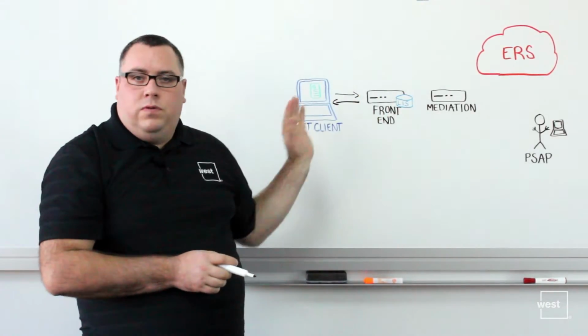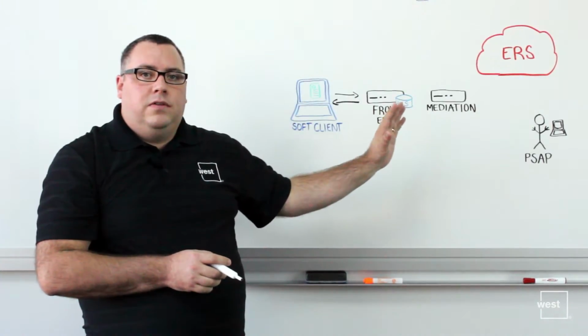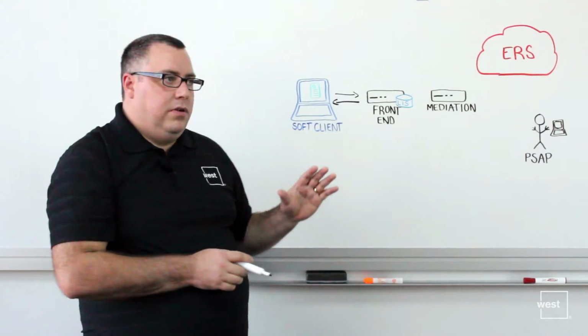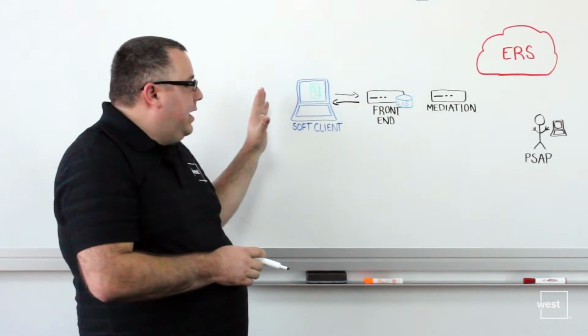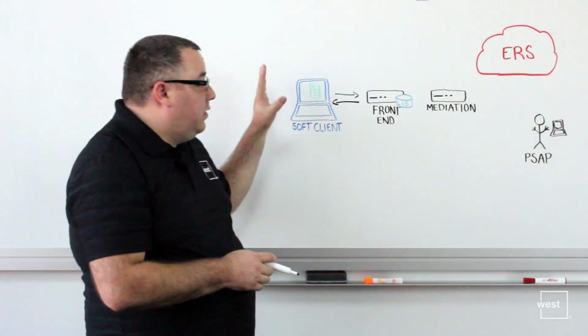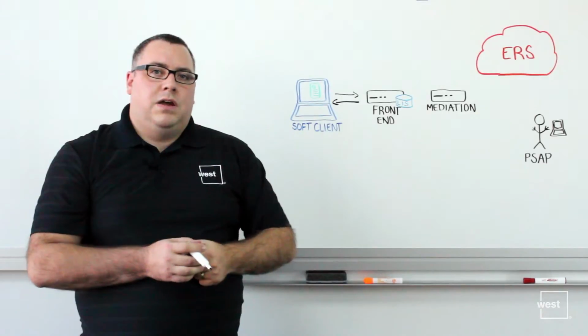This is all before the 911 call. This is all based off of identifying where the user is, totally irrelevant to their extension or DID or wherever it is. So the client now knows where it is. The front-end server said, I found you, here you go. So it caches this information and holds on to it until it makes a 911 call.